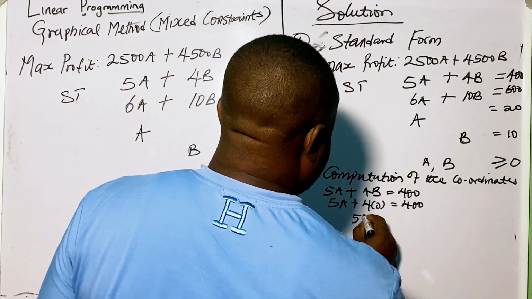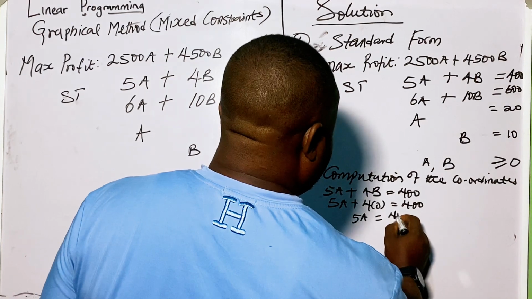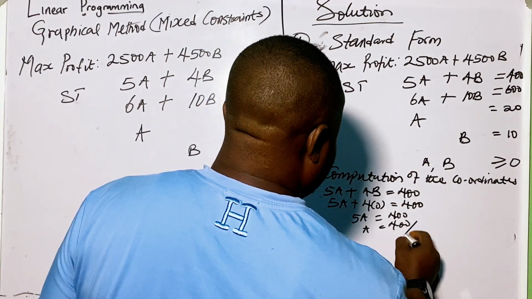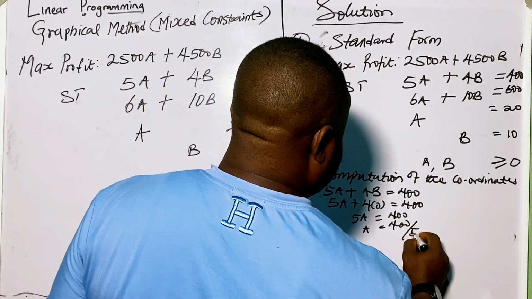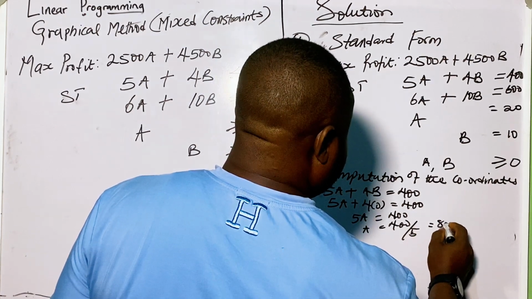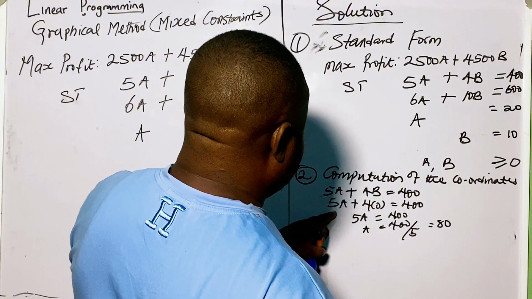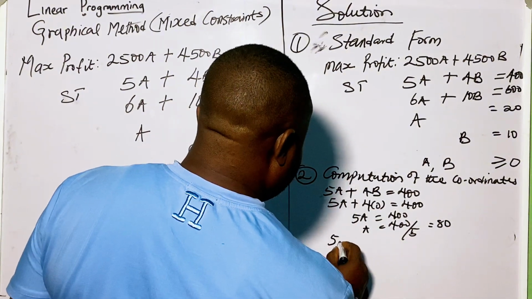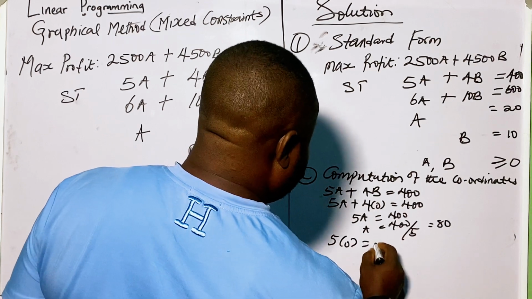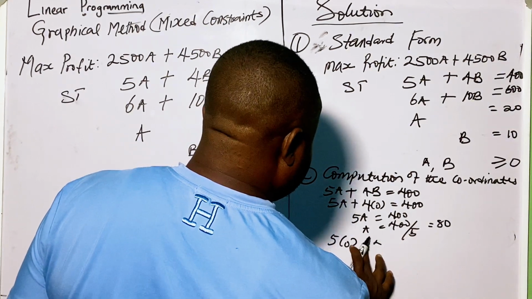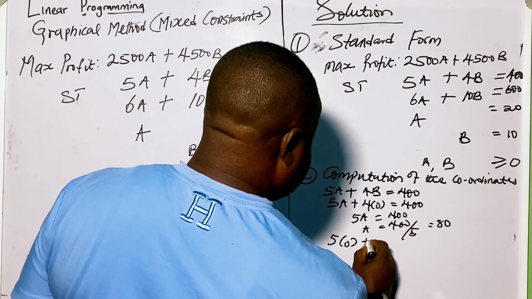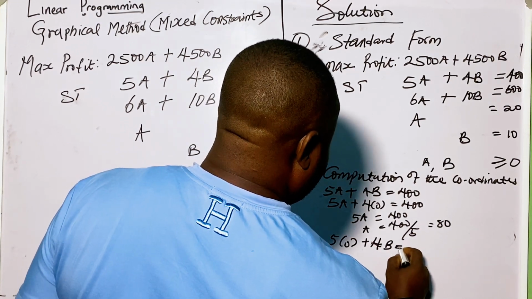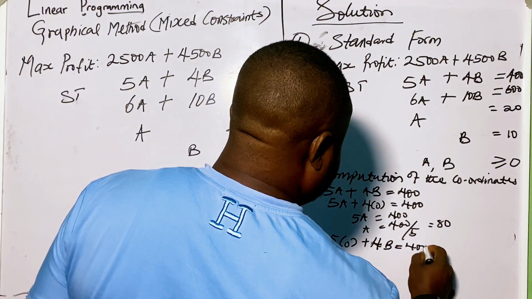So 5A will be equal to 400, where A will be equal to 400 by 5, which gives us 80. And we now hold A constant, which is 5 by 0 is equal to 5A by 0 plus 4B will give me 400.